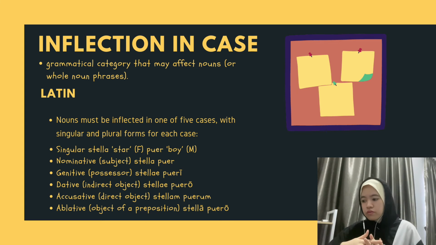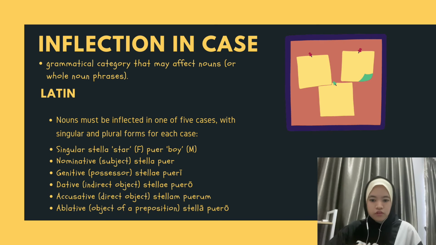As an example, the singular word Stella has the nominative, that is the subject, the genitive for the possessor, the dative used for the indirect object, the accusative used for the direct object, and finally the ablative used for the object of a preposition.